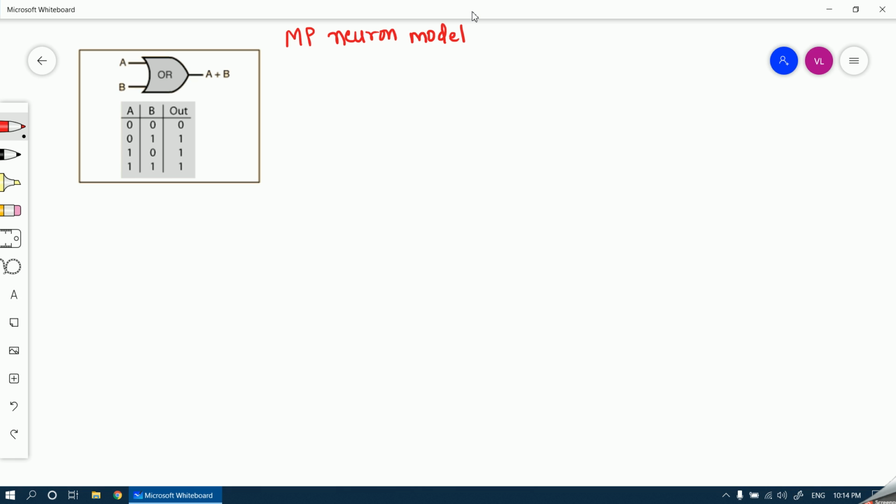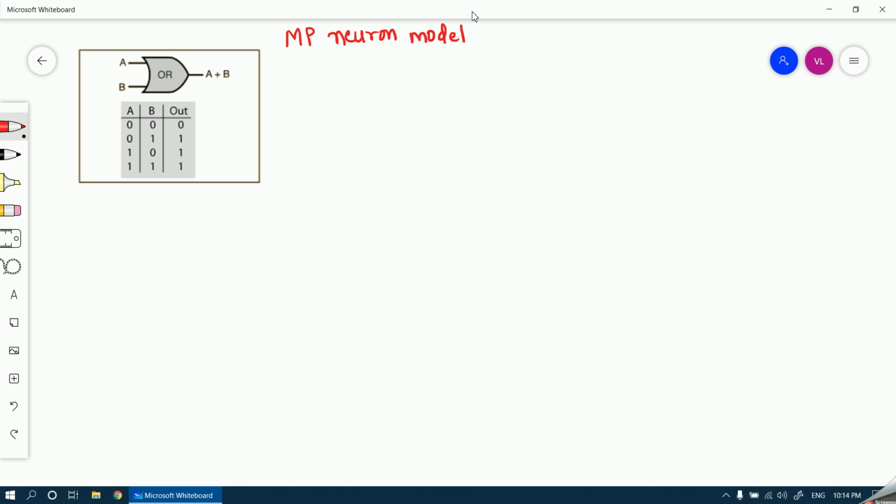Hello students. In the previous session, we saw the implementation of the AND gate using the McCulloch-Pitts neuron model, where for two inputs x1 and x2, only when the output is equal to 1 does the neuron fire.